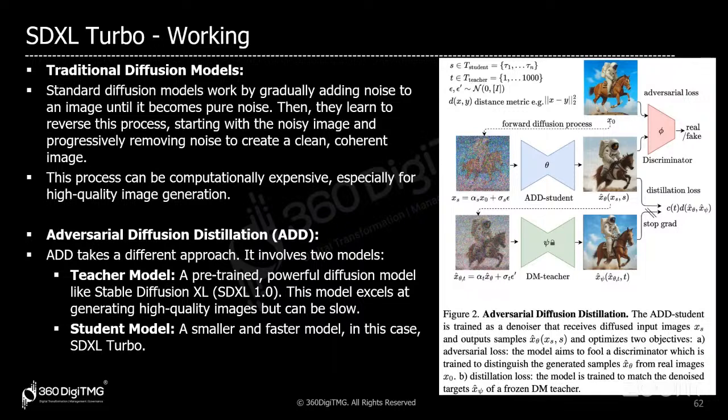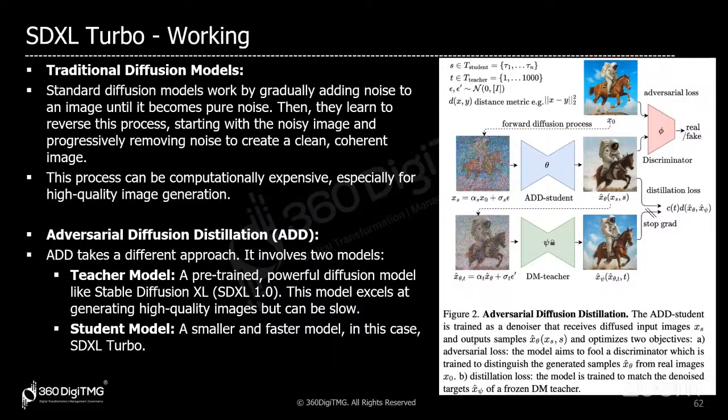Then what is ADD? ADD takes a different approach. It involves two models. The first is the teacher model and the second is the student model. The teacher model is a pre-trained, powerful diffusion model, like stable diffusion XL.